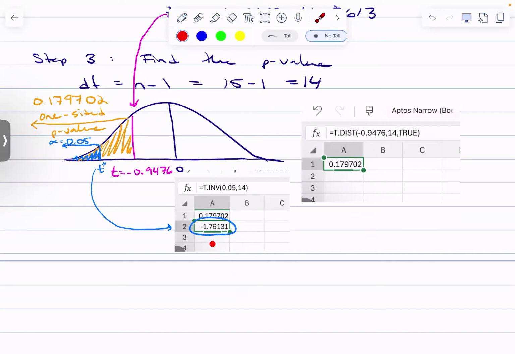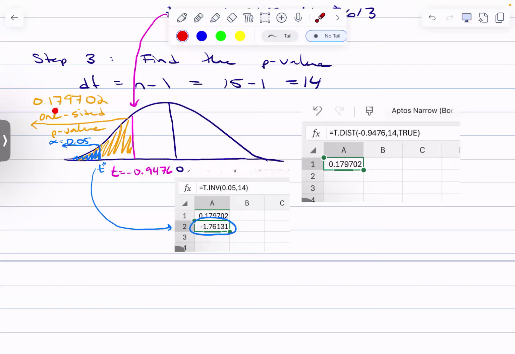I'm going to encourage you to use the p-value because it's considered more formal, but we're doing the same thing. We're comparing, is this area less than 0.05? Or alternatively, I could compare my T to this critical value, and if it's past that point, meaning it's bigger into the negative tail in this case, then I would have enough evidence to reject H naught.